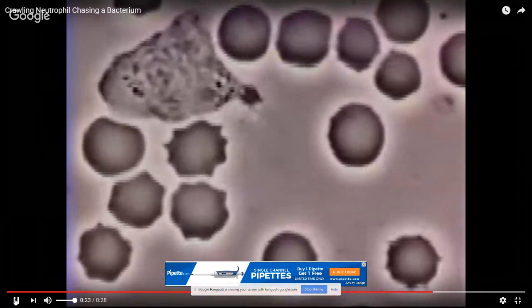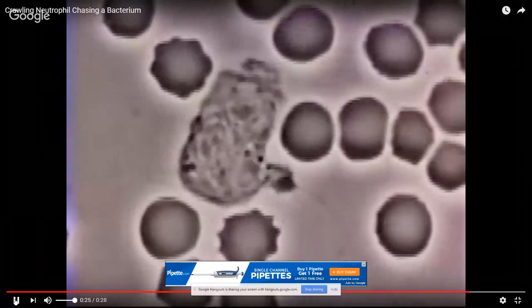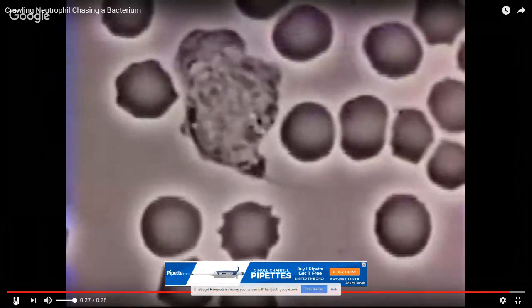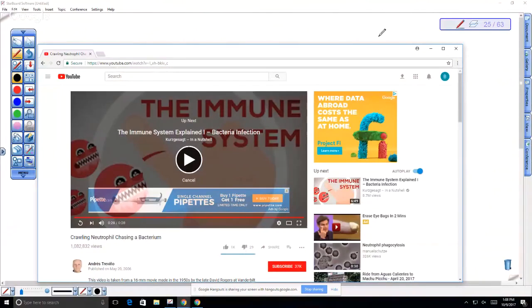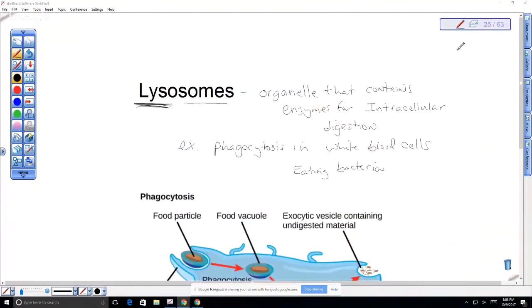Okay, so that right there was phagocytosis. And so now it's just moving on, right? It's taken in, it's engulfed it, and it's going to digest it.